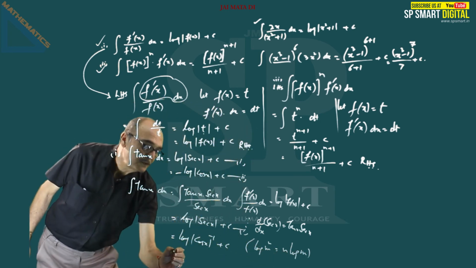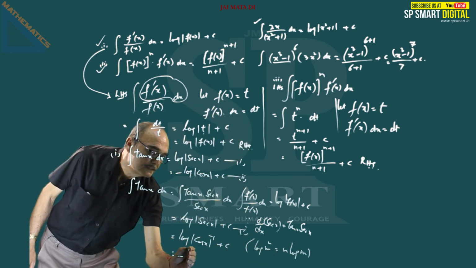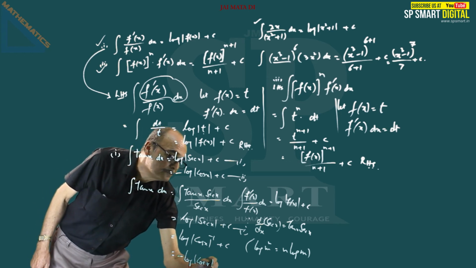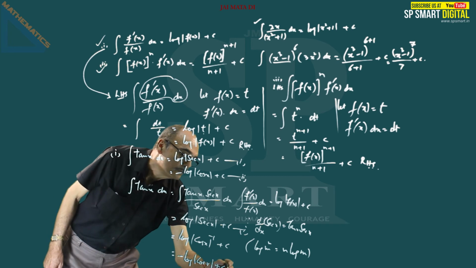So, take this minus 1 outside: minus log of cos of x plus c. This is your second form.